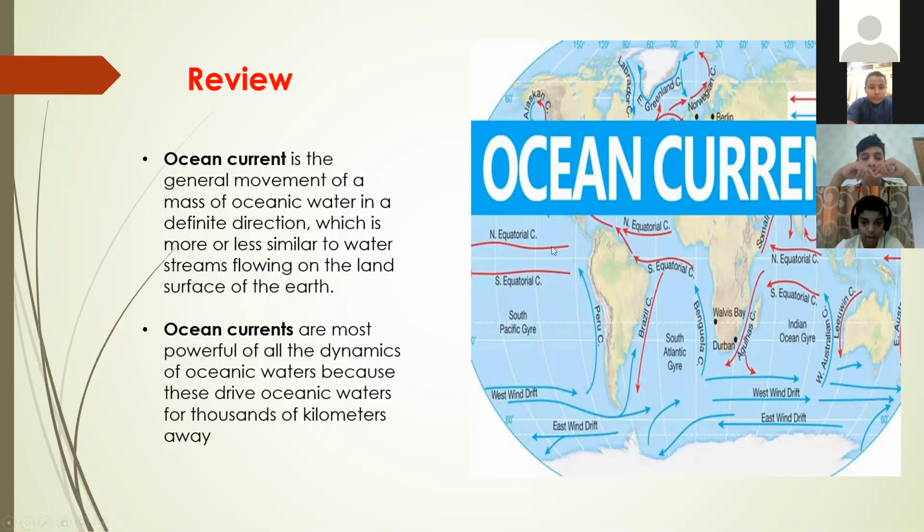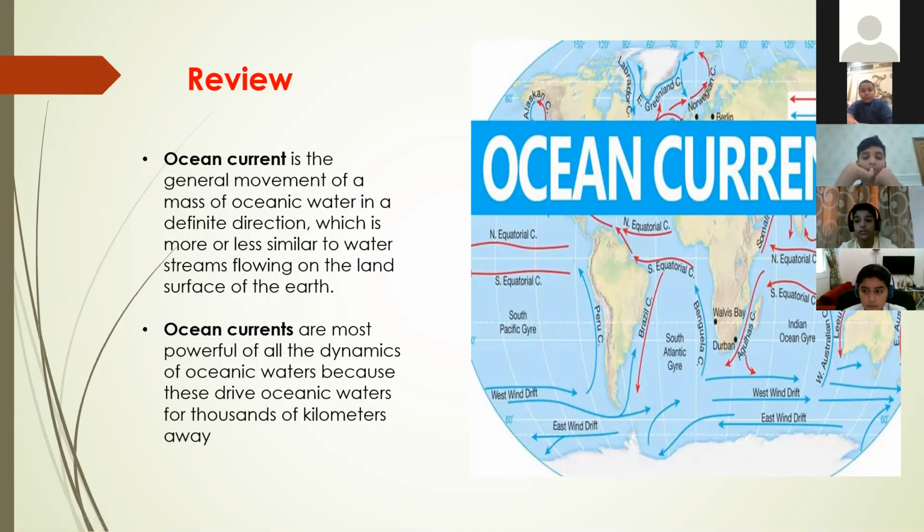The red is showing the warm current and the blue is showing the cold current. We talked about the deflection last lesson, because of the shape of the land. That's why it changes direction. Instead of moving straight, it changes north, south, west, and east. So that's the review of what we have done in the past.